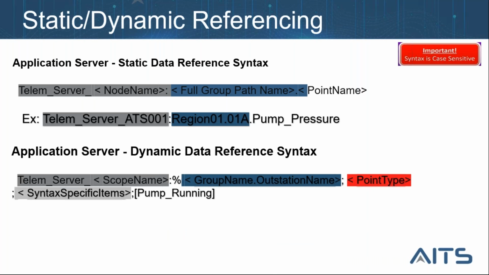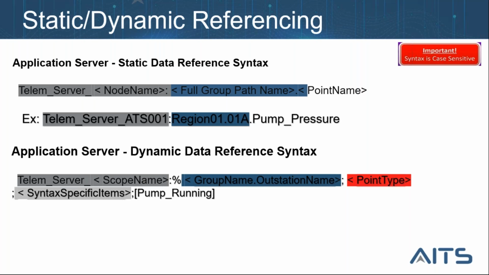Dynamic references. You can dynamically configure the points in the telemetry server from the client application using a special syntax that has the required context to generate the tag type and the tag name for you within the specific protocol set. When you create a dynamic reference from the application server, the point is automatically created in the telemetry server, eliminating the need to manually create the same references in two places, which is the system platform and the telemetry server.